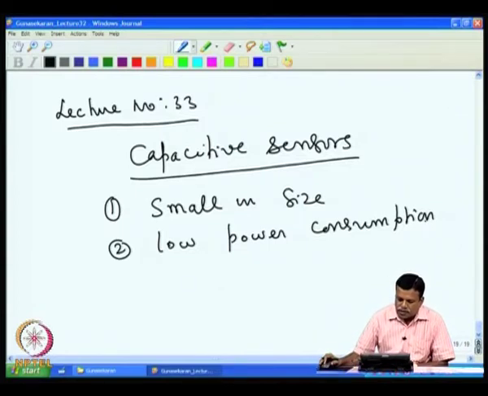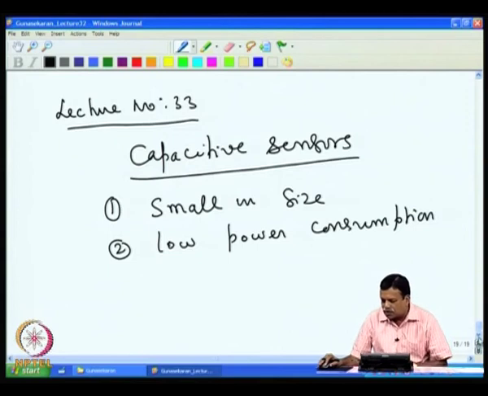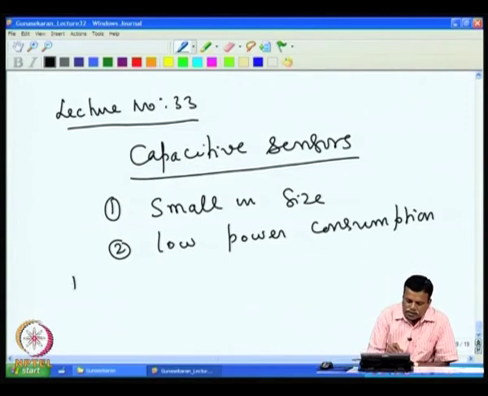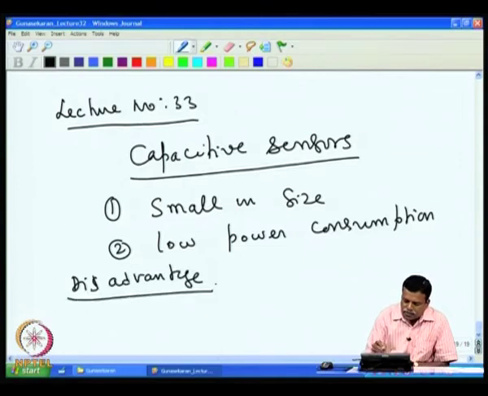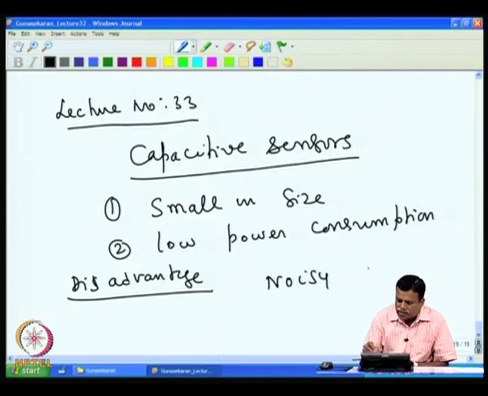So, the disadvantages with the capacitive sensors are that they are mostly noisy, and signal conditioning is difficult.